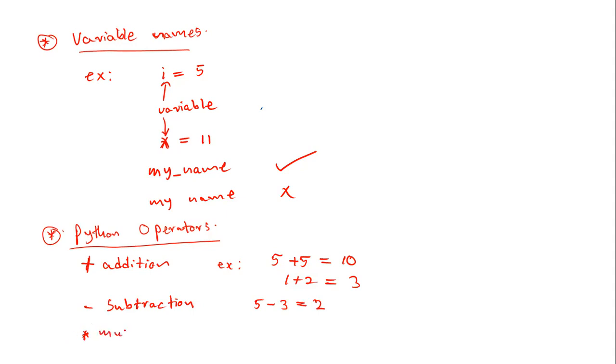This is multiplication. 5 multiplied by 3 is equal to 15. Then division is done by this symbol in Python.